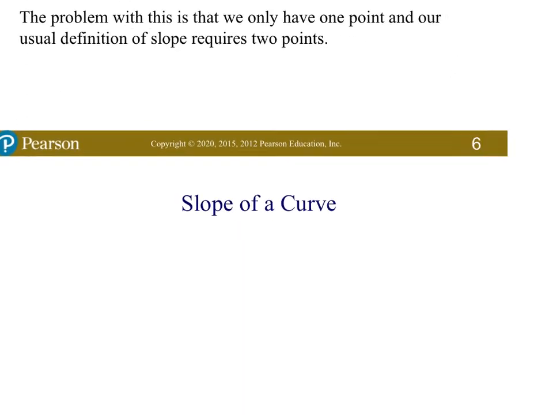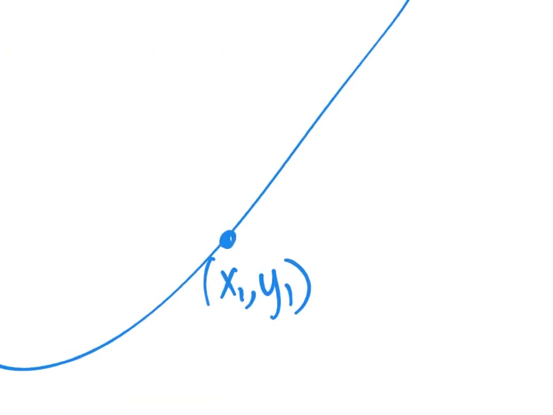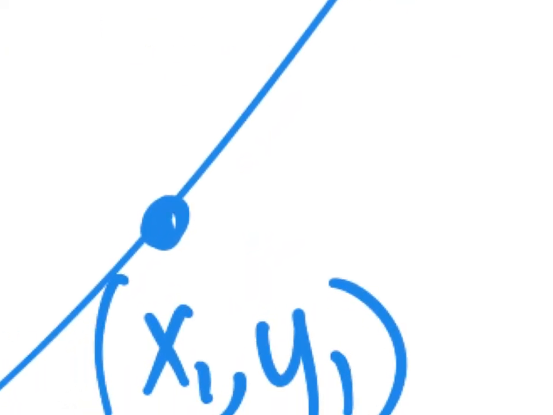We kind of get around that by, if I want to find the slope here at x1, y1, then I zoom way, way, way in, and I find a second point as close to that point as possible, x2, y2, where the difference between those is approaching 0.